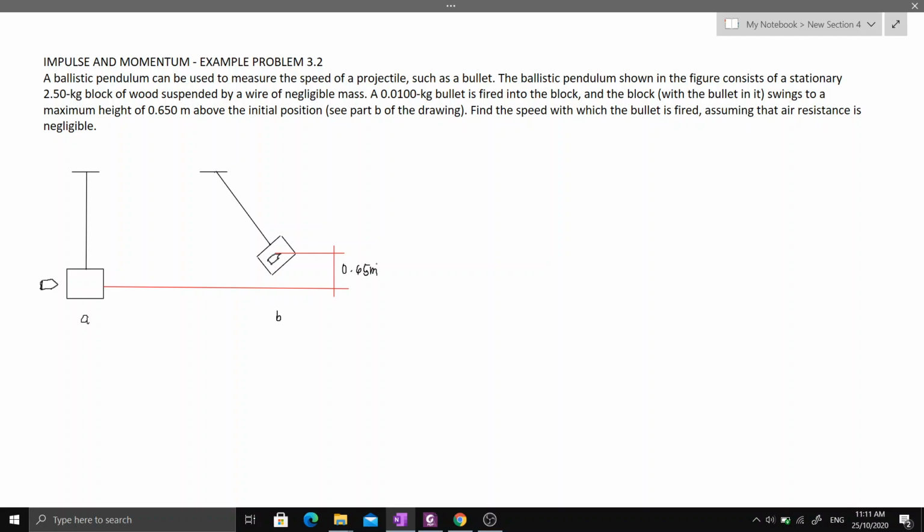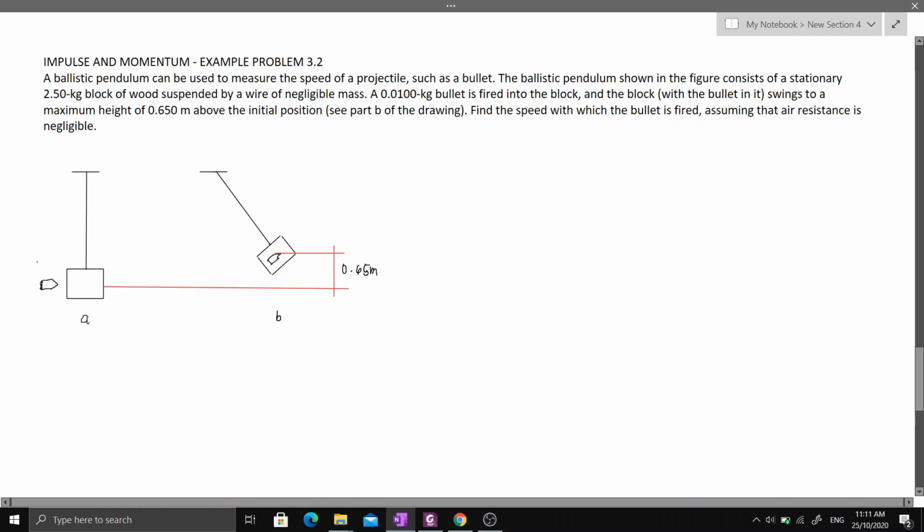So we have here the initial velocity, v sub O1, of the bullet, and it has a mass m1, or mass of the bullet.